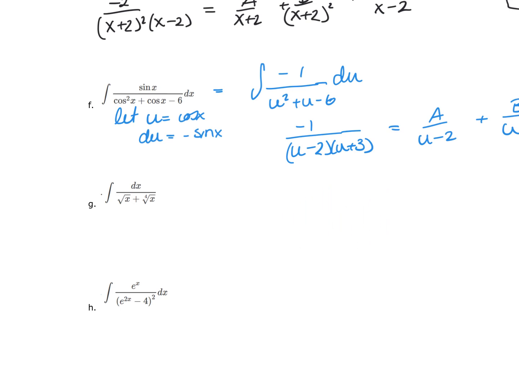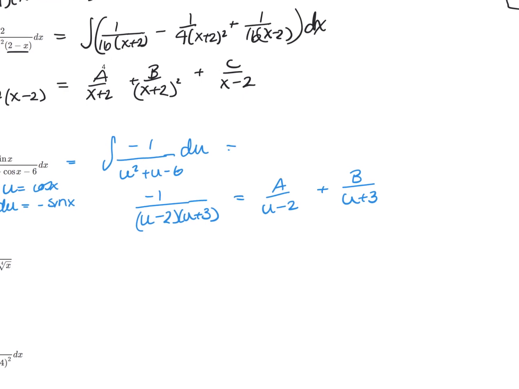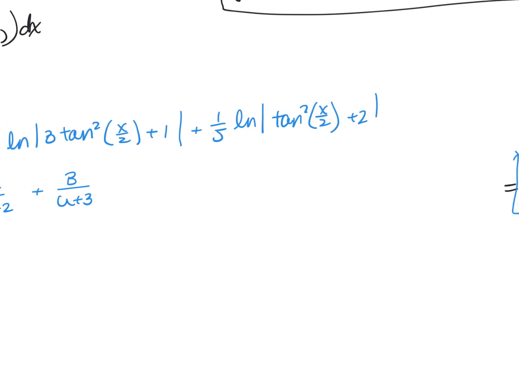And my final answer on this one, after the partial fraction decomposition, is going to be equal to negative 1/5 the natural log of 3 times the tangent squared of x over 2 plus 1, plus 1/5 the natural log of the absolute value of the tangent squared of x over 2 plus 2, plus my constant.